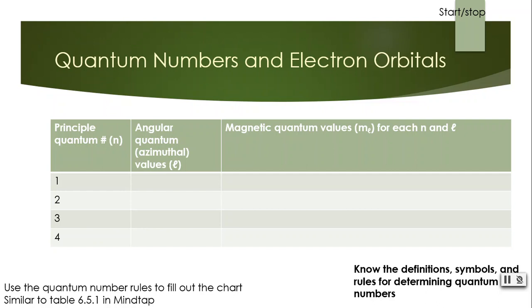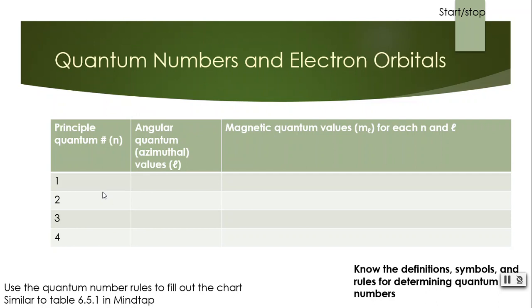Let's use that to determine values for L, which is the angular quantum number. It's sometimes also called the azimuthal quantum number. Your online homework in MasteringChemistry uses angular momentum, but sometimes you'll also hear the word azimuthal, mainly from me. They both mean the same thing. And from that angular quantum number, you can get the magnetic quantum number.